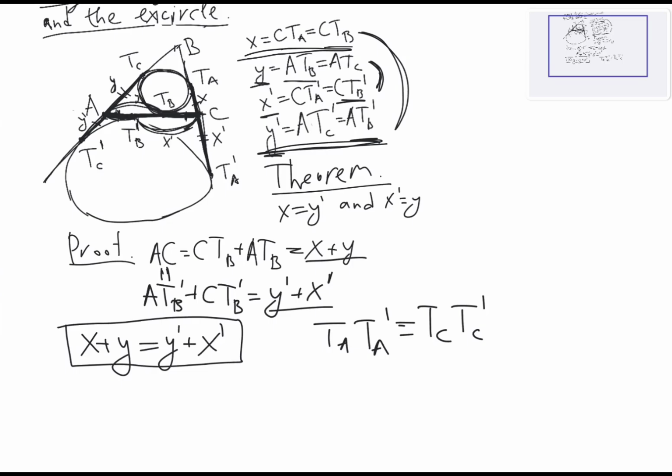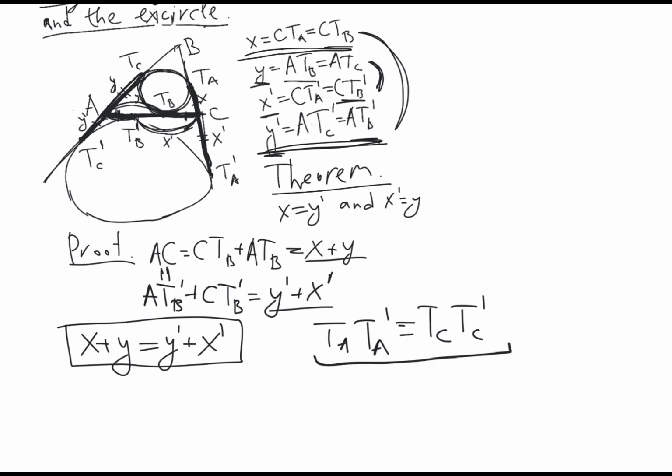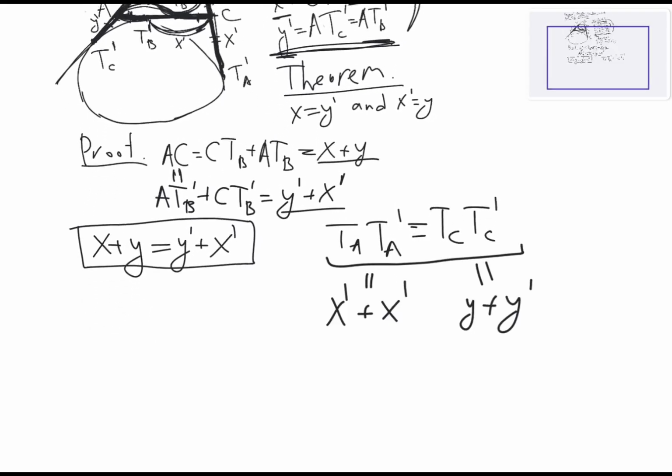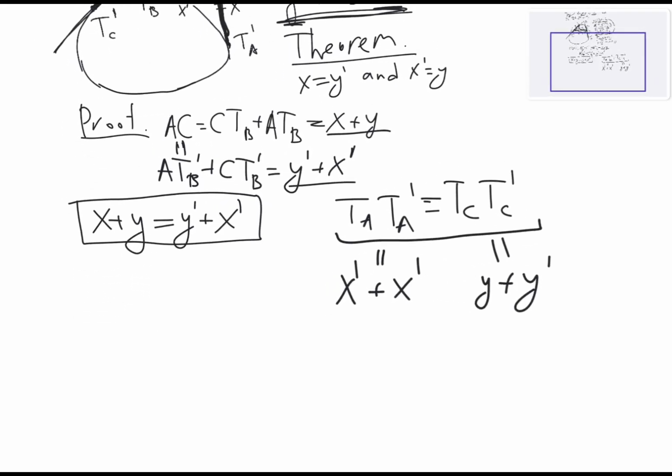So that's why TA prime and TC prime are two external tangents to the incircle and the excircle, therefore they're equal to each other. TA prime is equal to x plus x prime, and this is equal to y plus y prime, right? So in total we have two equalities.